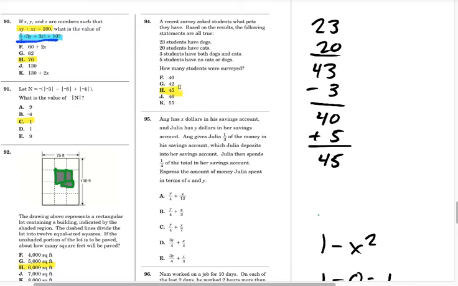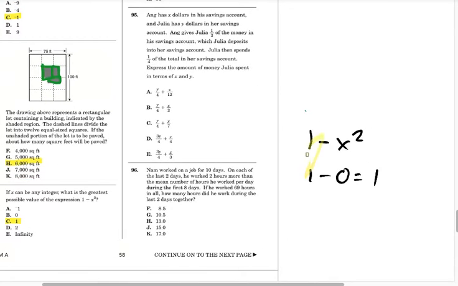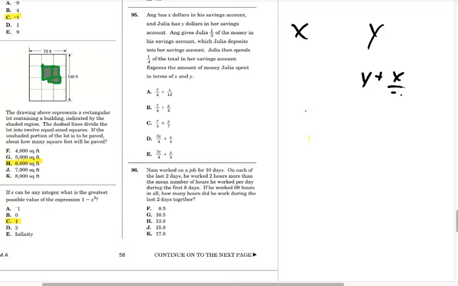Let me make that a little nicer. There we go. Alright, moving on to number 95. Ang, I like that name, Ang. So we have Ang is X, and Julia is Y. Ang gives 1/3 of her money to Julia. So this is going to be Y plus X over 3.